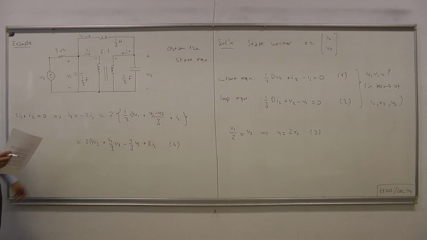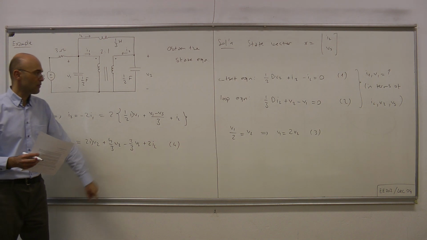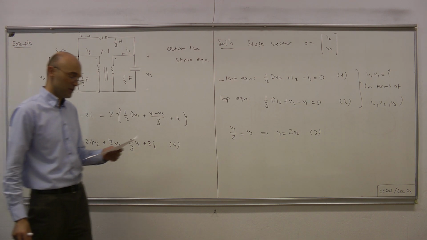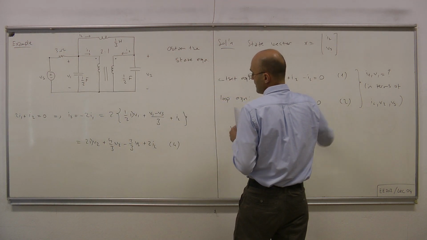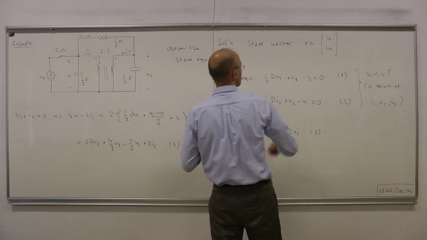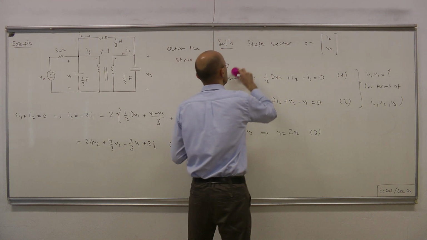Okay. Now we have I2 in terms of the formulation variables. Now we're getting closer to the result. Let's combine equation 1 and equation 4 to obtain dV2.